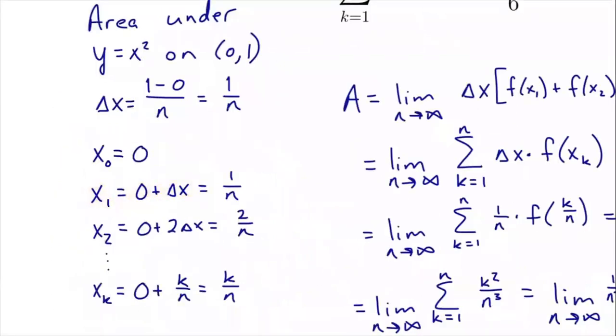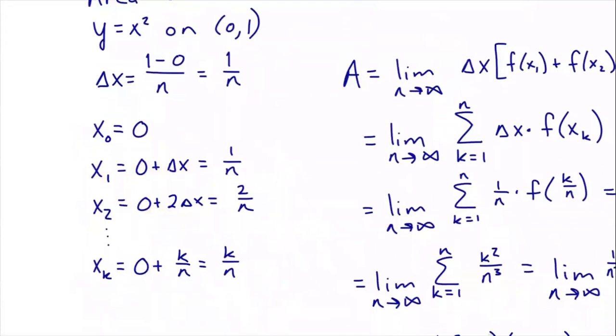For x2, we add another delta x. So we step from 0 in delta x steps. And if we move on with that, x sub k in general is the left endpoint plus k delta x, right? That'll be our formula generally, and we'll see that on the next page.